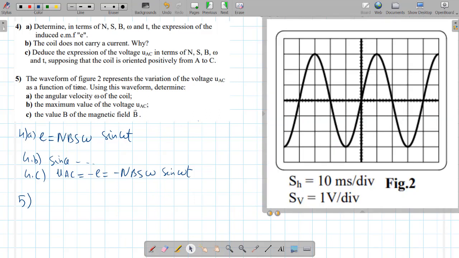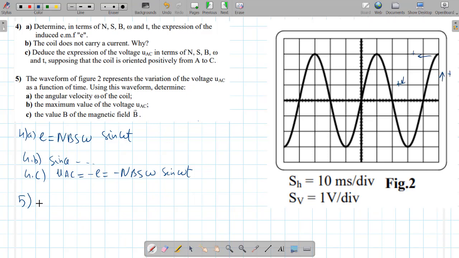Now part 5, the waveform of figure 2. The waveform of figure 2 represents the variation of the voltage UAC as a function of time. Using this waveform, determine the angular velocity omega of the coil. Part A, angular velocity equal 2 pi times frequency equal 2 pi over period, and the period equal SH times X. X equal 1, 2, 3, and 4.